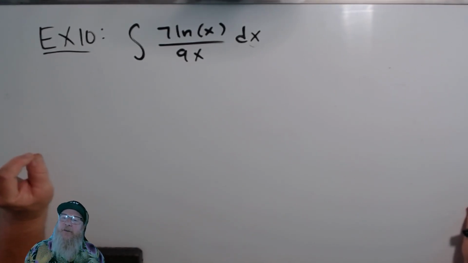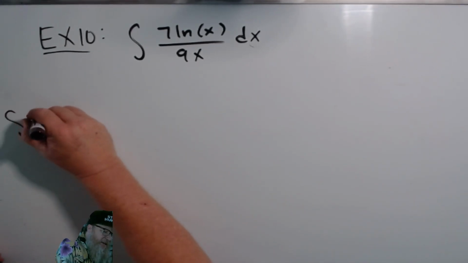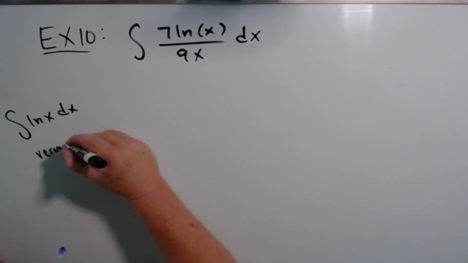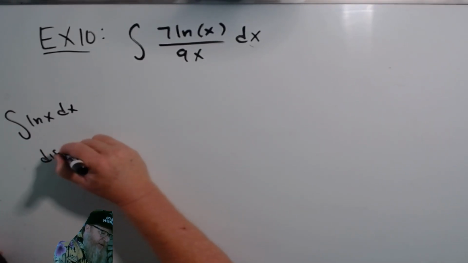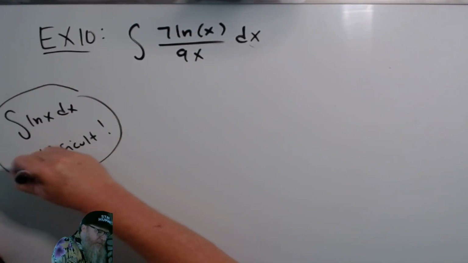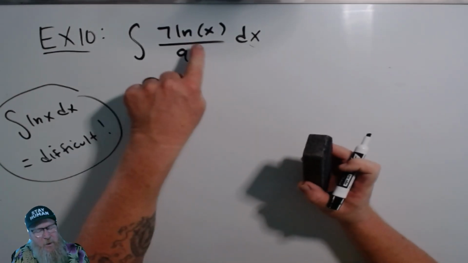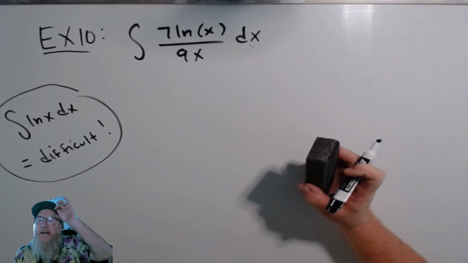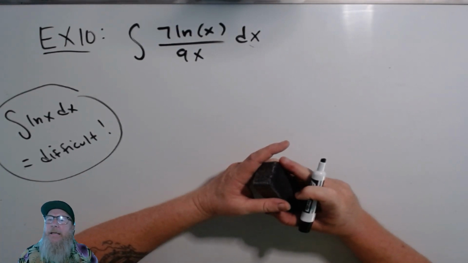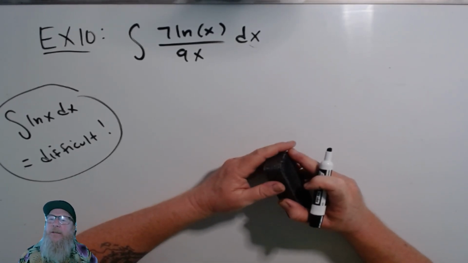And an interesting fun fact is that when you try to take just the integral of ln, it is very difficult. Maybe I shouldn't say very, but it's not impossible, but it's difficult. So the only way for us to be able to find the integral of the ln is to have the rule that we're learning today, the substitution rule, right?